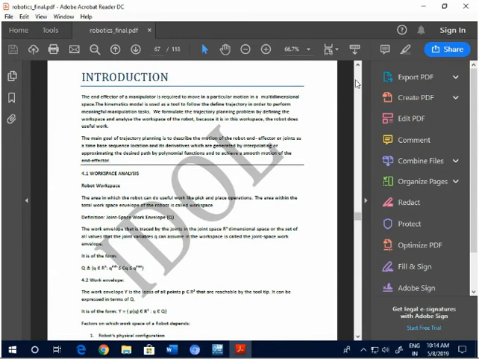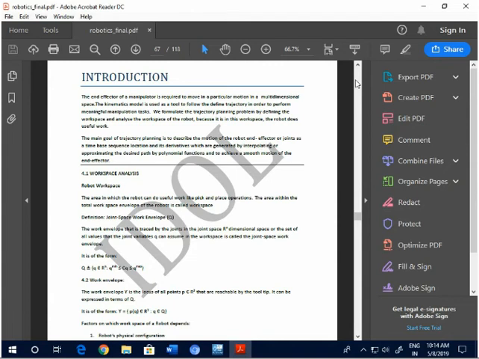So in between direct kinematics and inverse kinematics, the robot comes into picture. What the robot comes into picture, this robot motion consists of paths and trajectories which exist in the workspace of the robot. In this chapter, we'll be doing detailed analysis of the robot workspace, and later on we'll go to trajectory planning using this workspace.